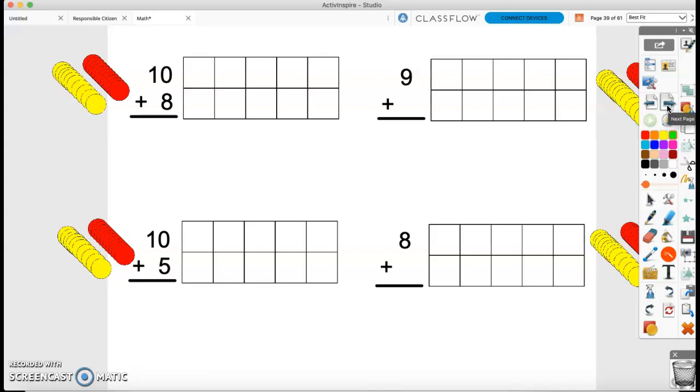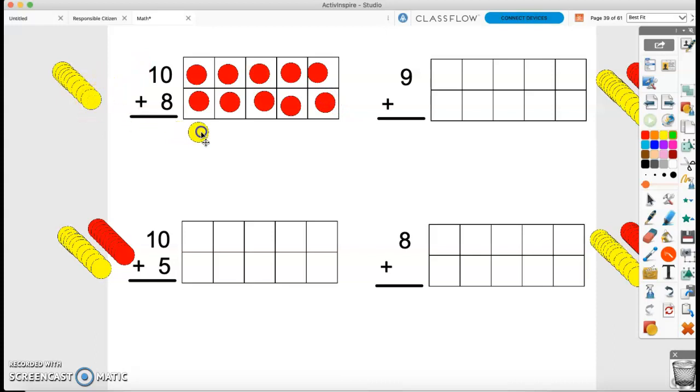Let's try some more. This time we're going to start with our 10 frame and we're going to figure out how many we should have. So it says 10 plus 8. 1, 2, 3, 4, 5, 6, 7, 8, 9, 10.